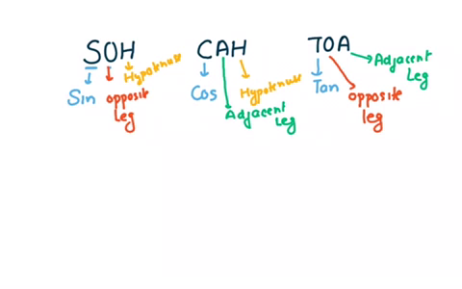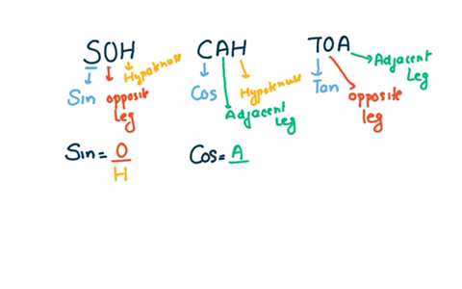Sine is O over H: opposite leg over hypotenuse. Cosine is adjacent leg over hypotenuse.